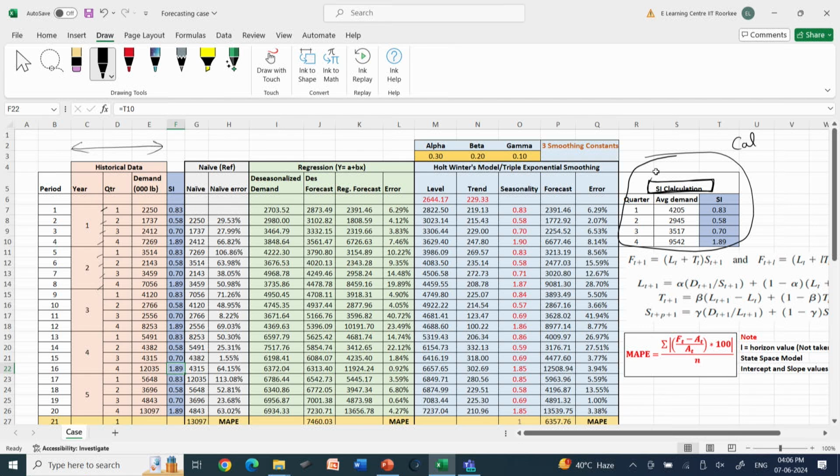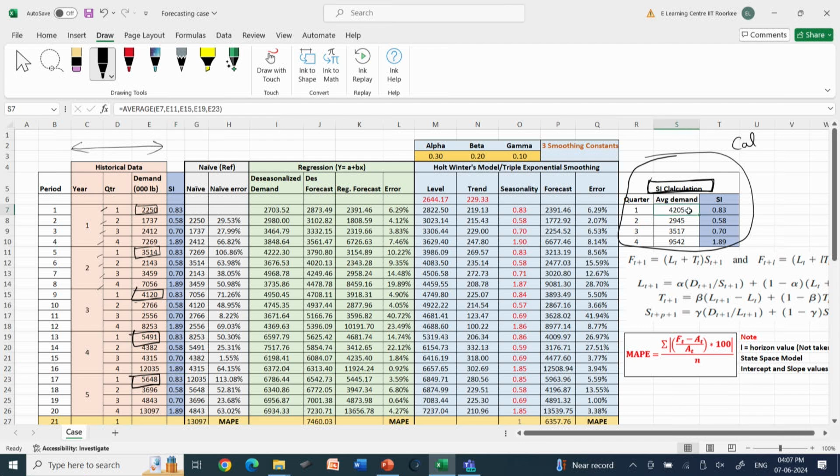For quarter 1, quarter 2, quarter 3, quarter 4, the data given to us is 2250, 3514, 4120. If I use the data of quarter 1, the average demand of these quarters is taken here.